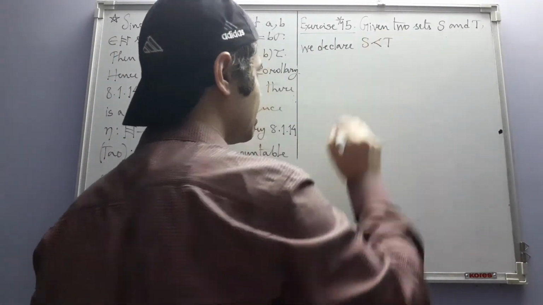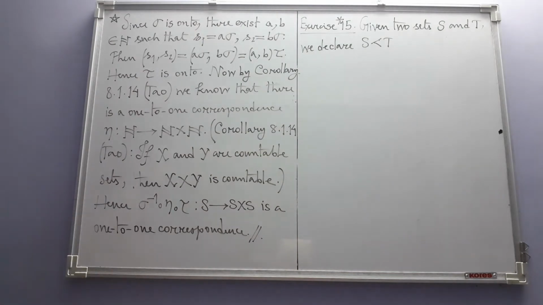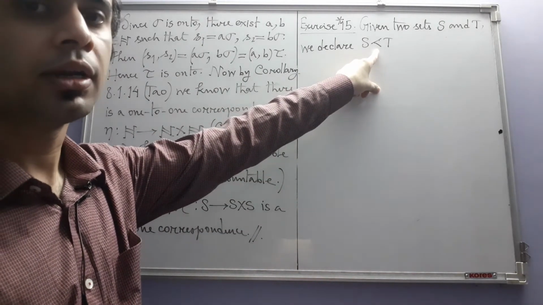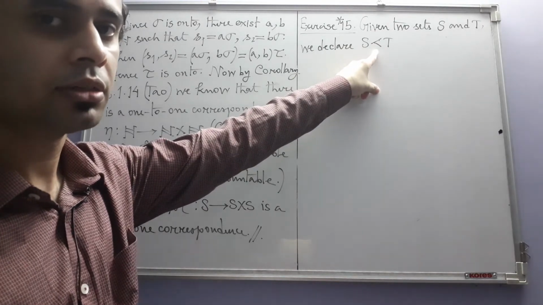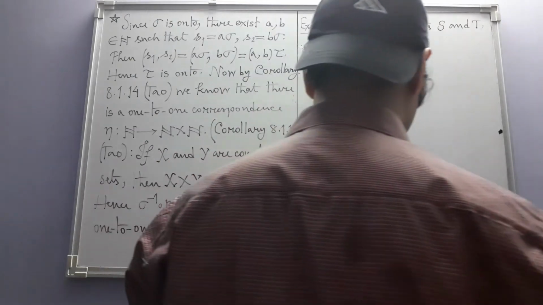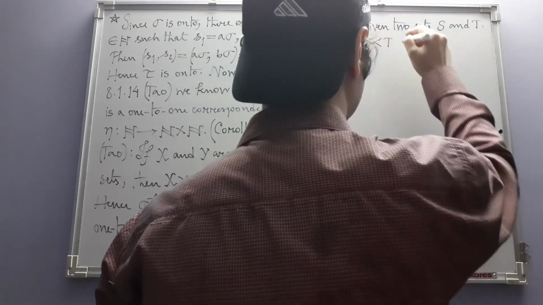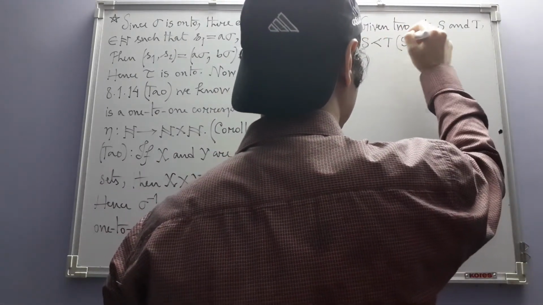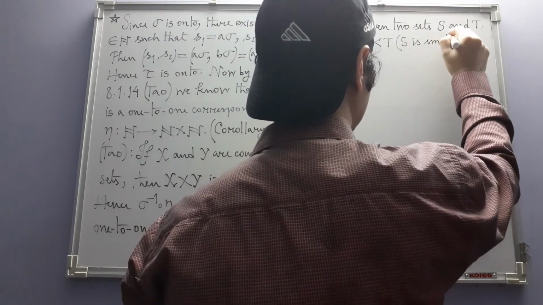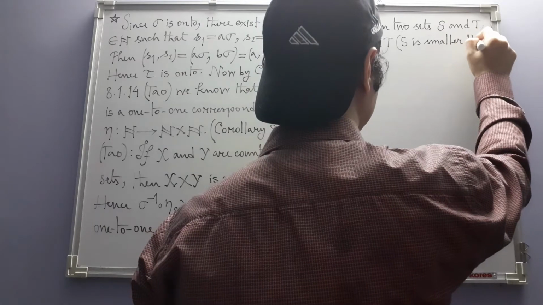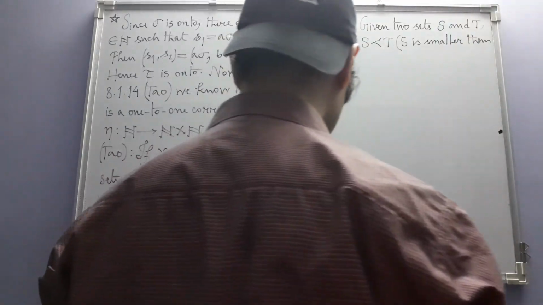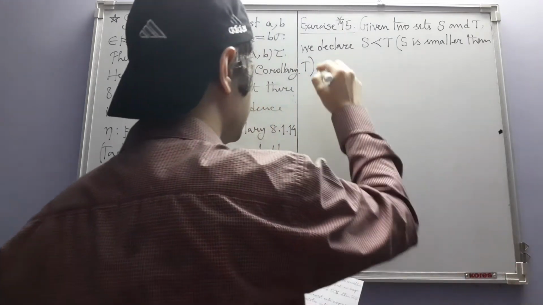Usually we never write a set is less than another set and use the ordinary less than relation that we have between two numbers, but here we are defining it like this, or you may also call it S is smaller than T when, what is the condition?